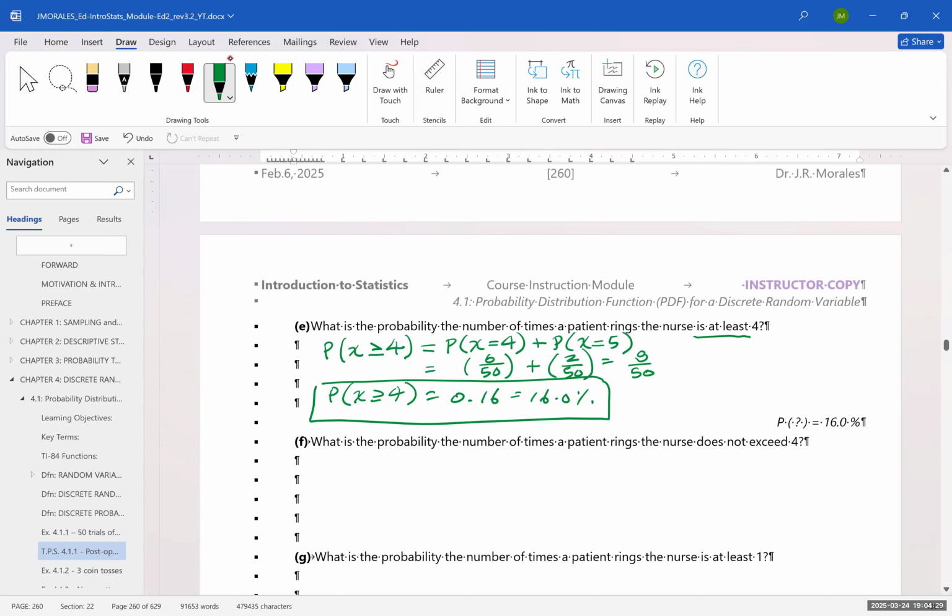What is the probability the number of times a patient rings the nurse does not exceed 4? So the probability that the number of times does not exceed 4 could be less than or equal to 4. So that would be the probability of x equaling 0 plus the probability of x equaling 1 plus the probability of x equaling 2 plus the probability of x equaling 3 plus the probability of x equaling 4.